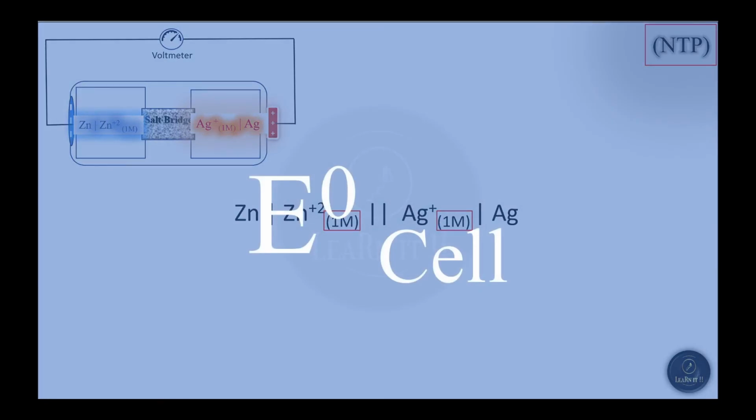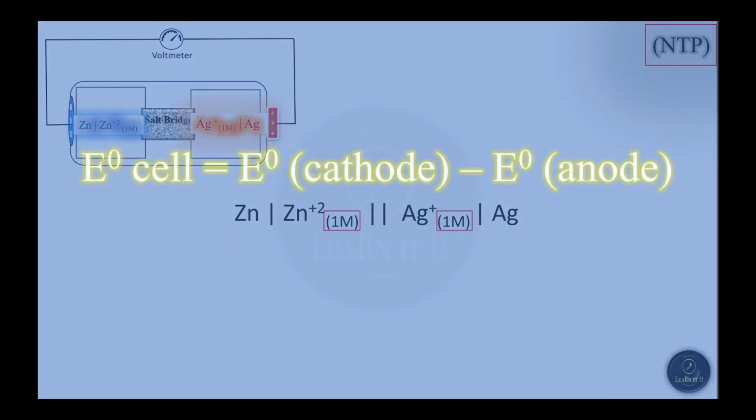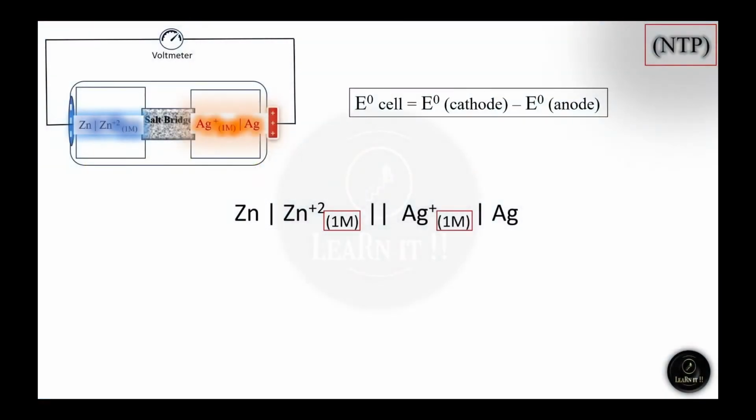It is theoretically calculated by the formula E naught of the cell is equal to E naught of cathode minus E naught of the anode, as we discussed in the third application of electrochemical series. When we connect the standard zinc electrode with the standard silver electrode at STP, the voltmeter shows the reading of 1.56. This is the practical value. Theoretically, it is calculated by using the electrochemical series.